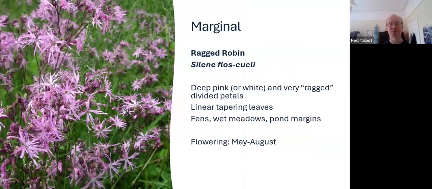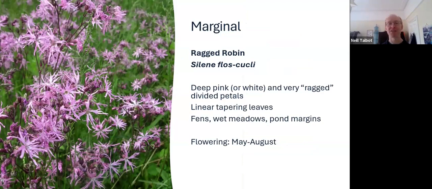So this is one of my favorite species. We're moving on now to more of the marginal species that will be found, say, on the margins of a pond or more in a wet meadow or boggy area or marsh. And this one is ragged robin.